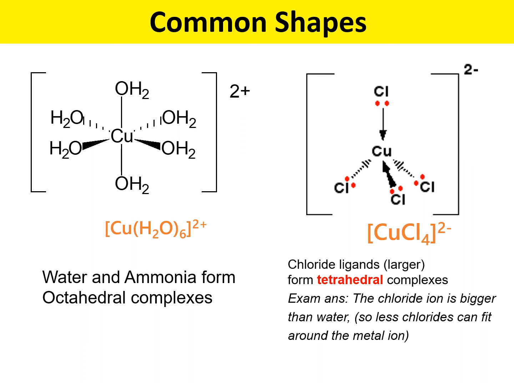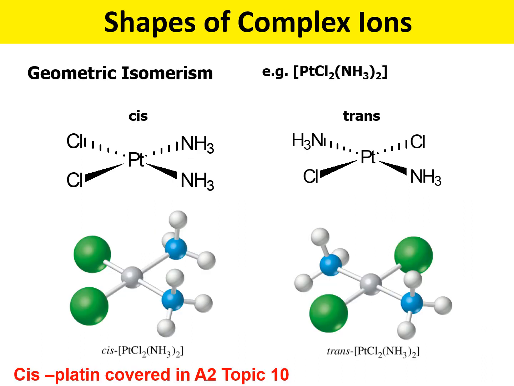Water and ammonia form octahedral complexes, but on the right-hand side, you can see that the chloride ligands, which are larger, form tetrahedral complexes. So the chloride ion is a bigger ion than the water molecule, so fewer chlorides can fit around the metal ion. Later on in the unit, we will meet a cancer treatment called cisplatin.